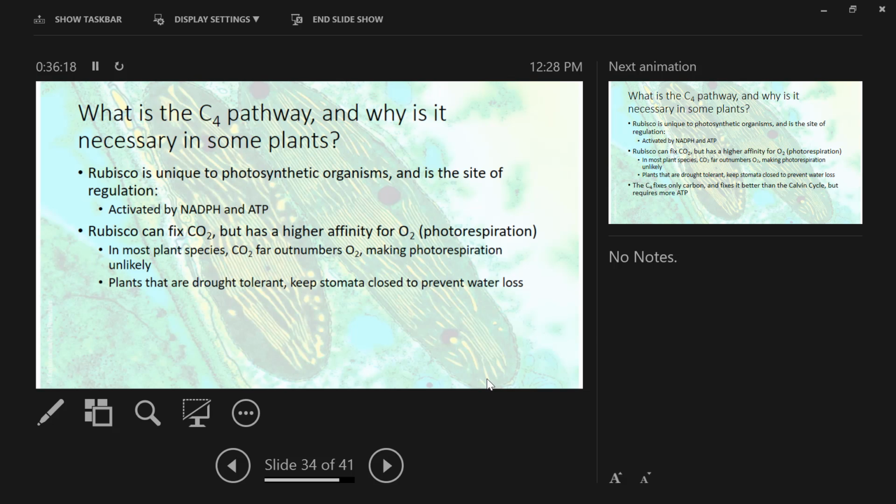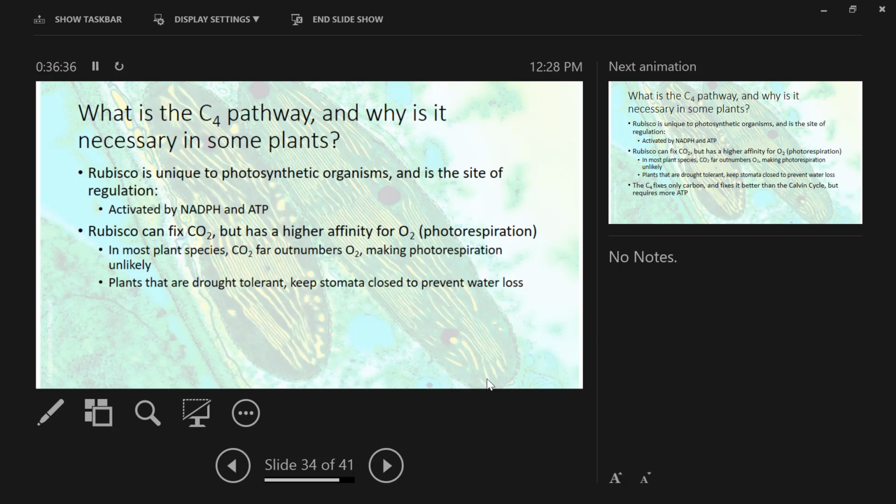But plants that live in really dry areas that are drought tolerant have to keep their stomata closed during the day to prevent water loss. Very little water in the soil means very little water in the plant tissues. If their stomata are open, they're going to lose what little water they have.